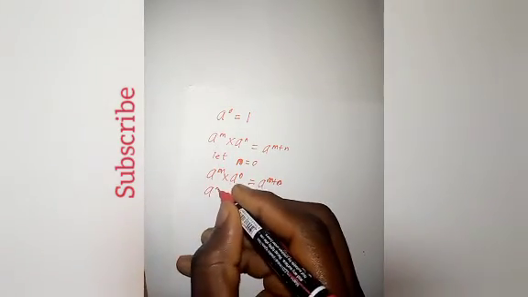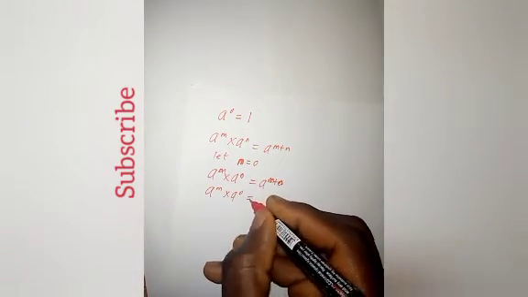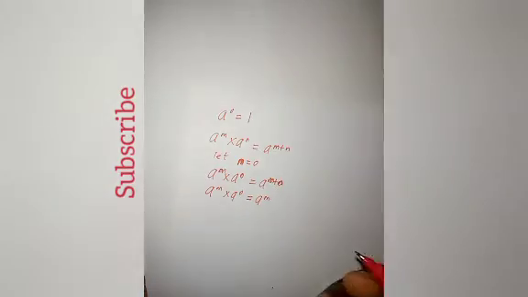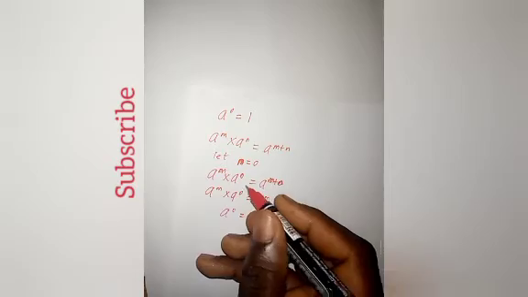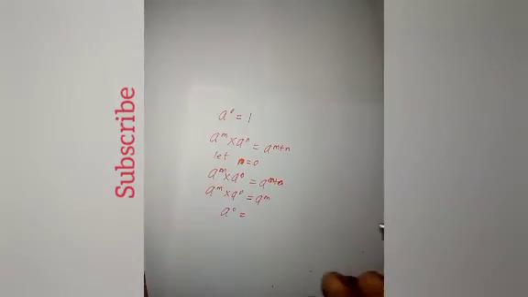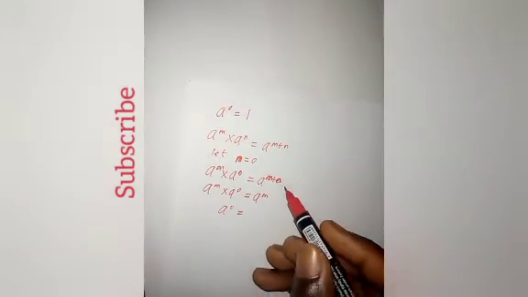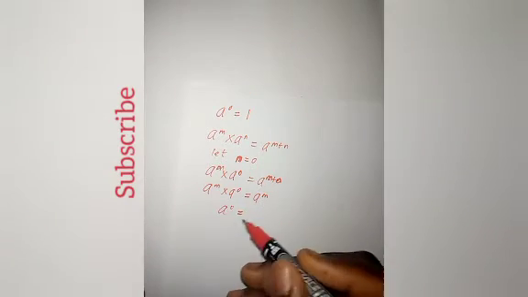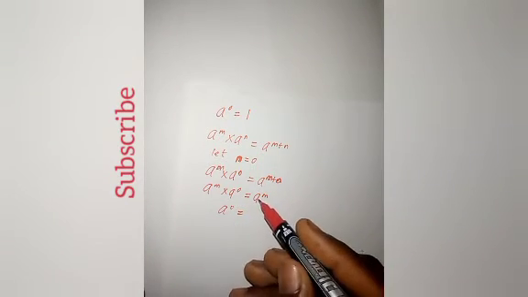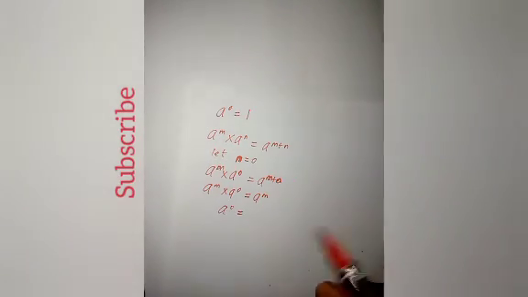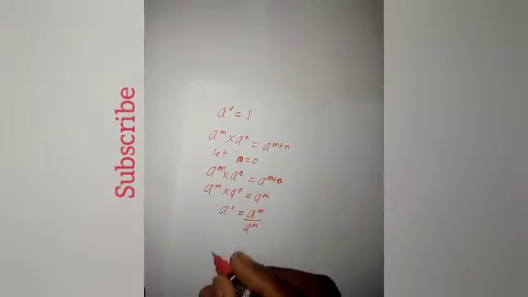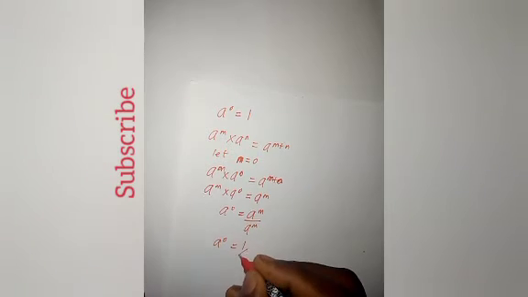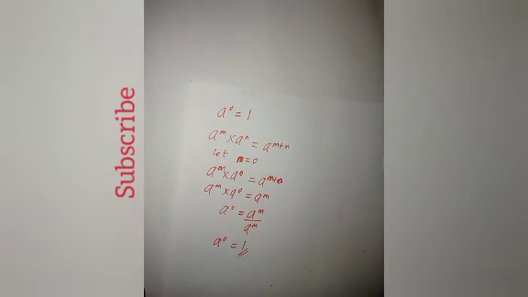Then we have a to the power of m multiplied with a to the power of 0 to be a to the power of m plus 0, which is a to the power of m. So then we divide both sides by a to the power of m. We have a to the power of 0 to be 1. So that's just it. We take m to be 0.